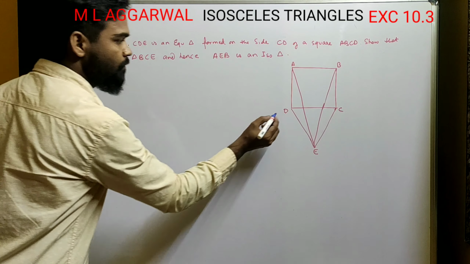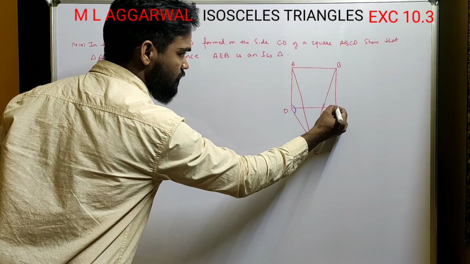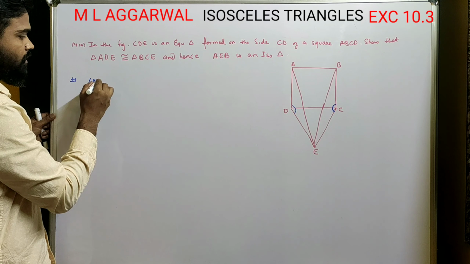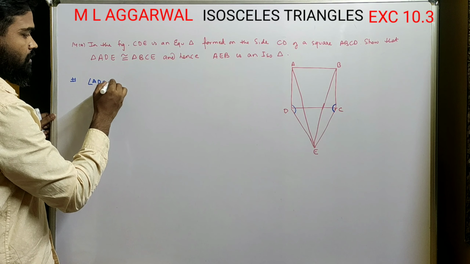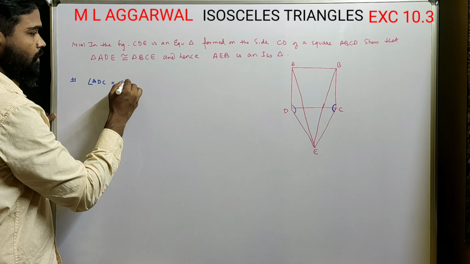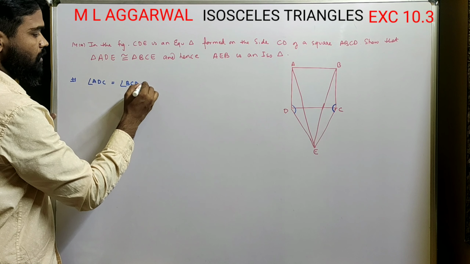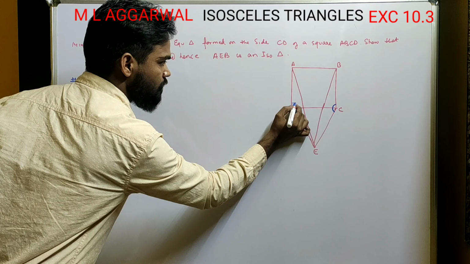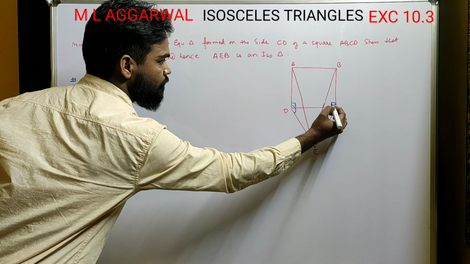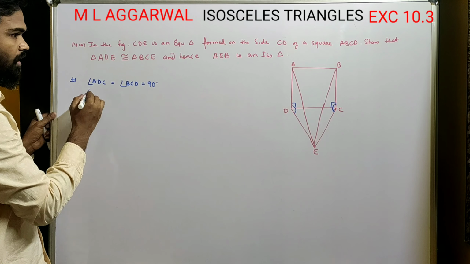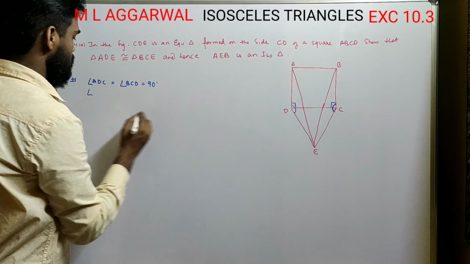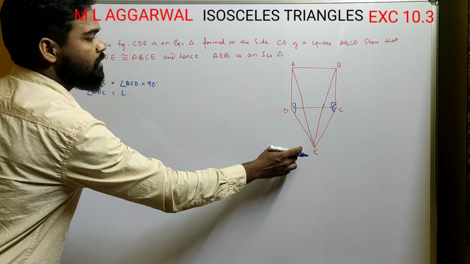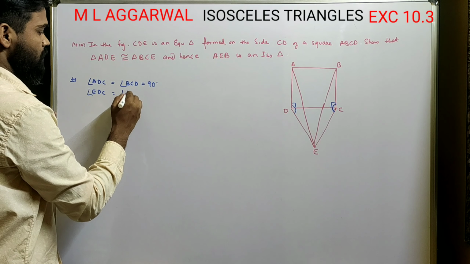Now first of all, look at this angle. We'll calculate this angle. Angle ADC is equal to angle BCD, and both are 90 degrees, angles of the square. And angle EDC is equal to angle ECD.